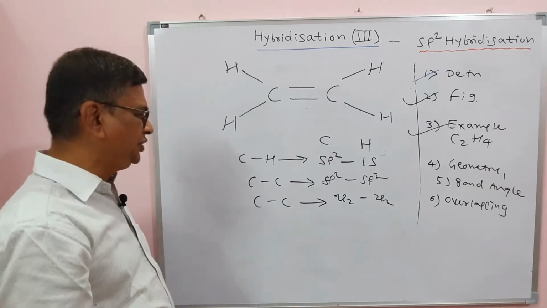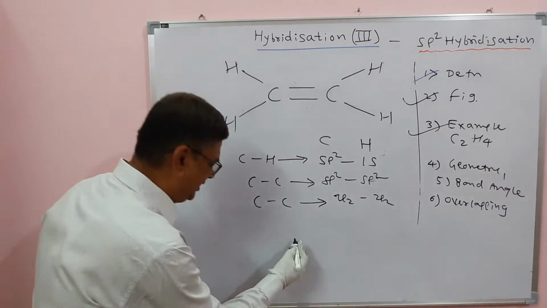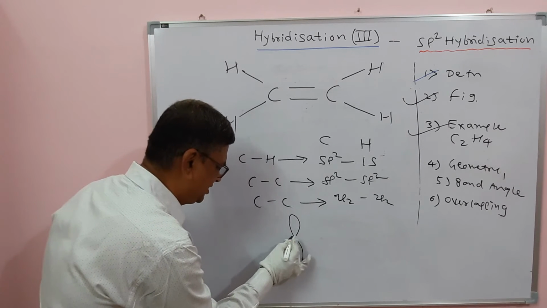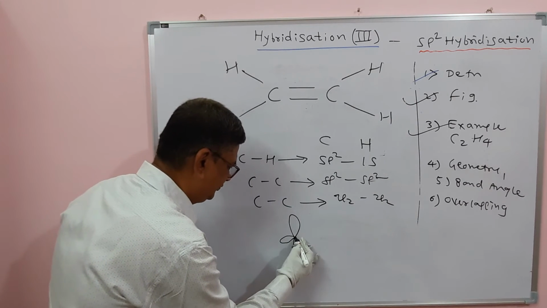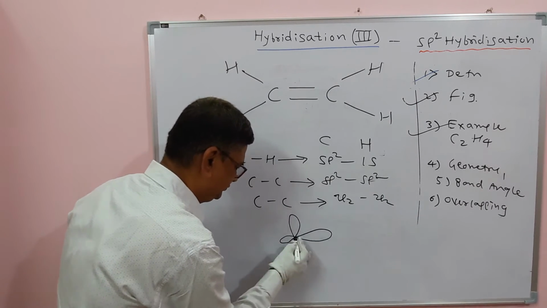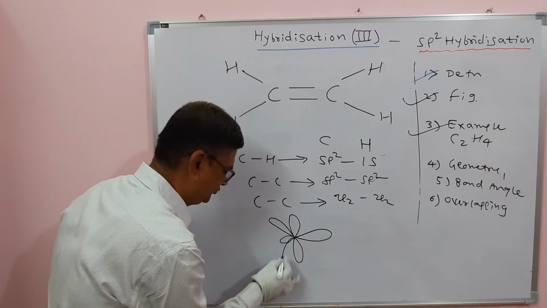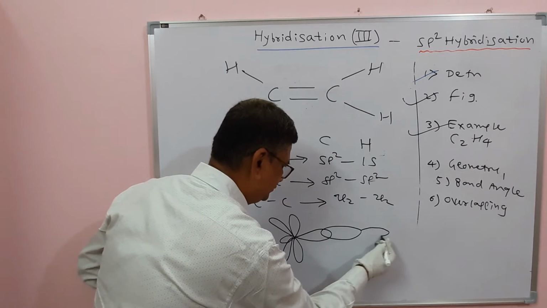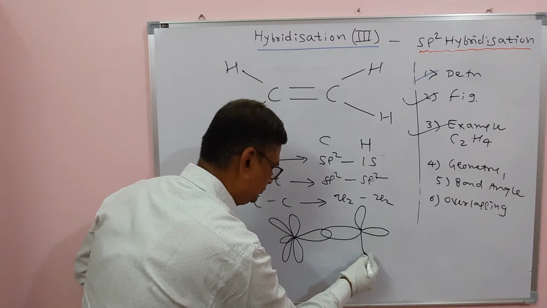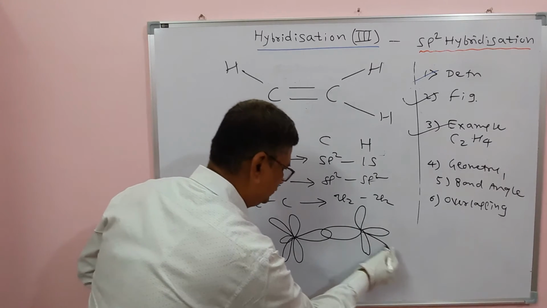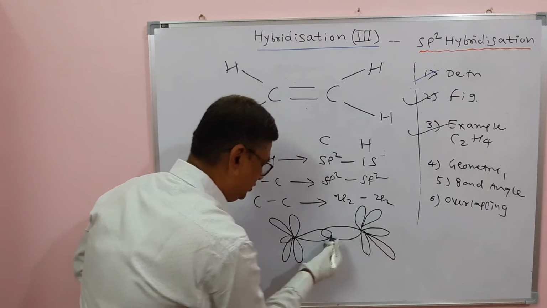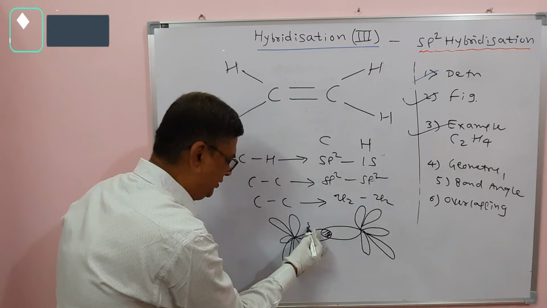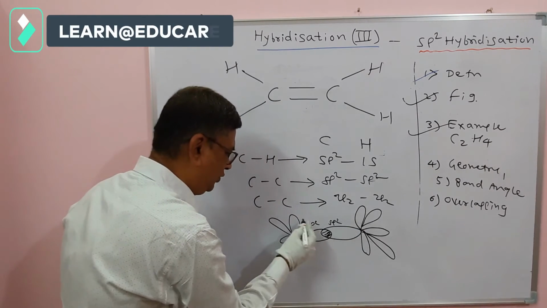Now the diagram for that is something like this: we have carbon and its sp2 hybrid orbitals, which I am drawing. This is the carbon-carbon single bond, which is formed by sp2-sp2 orbital overlapping.